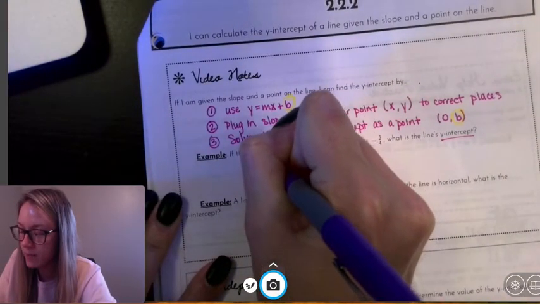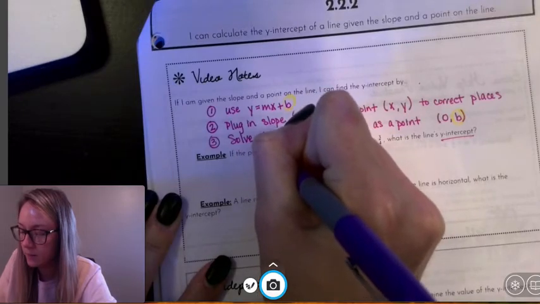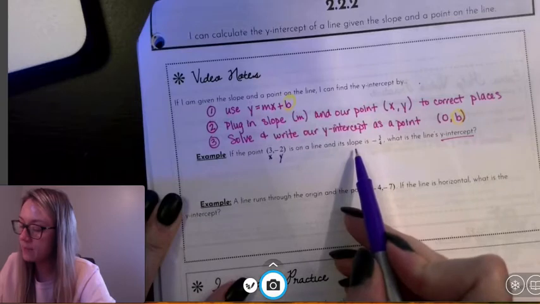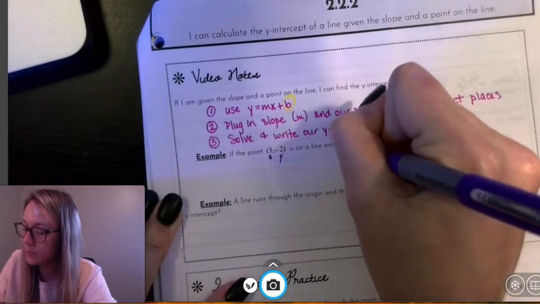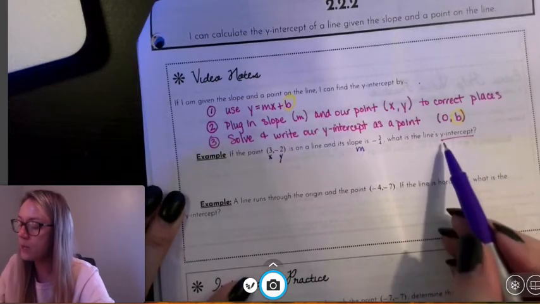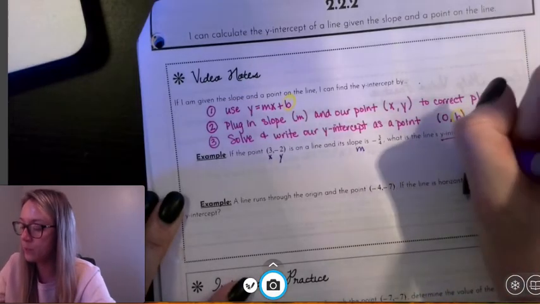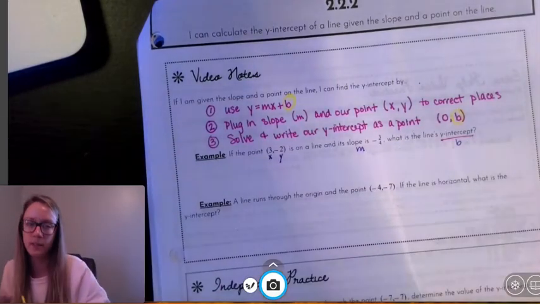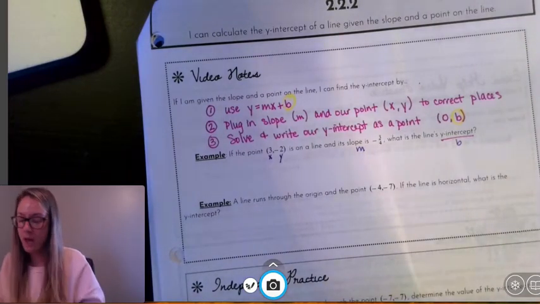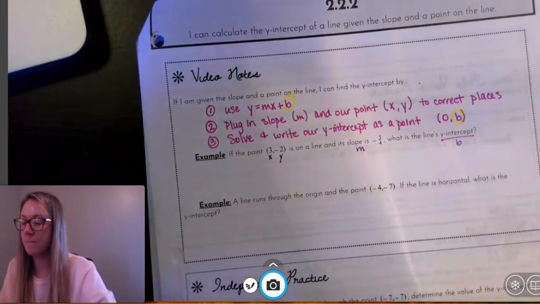So we have x and y. A point is always xy. And then we have slope, and slope is always our m. And so our slope is that fraction there. And we are trying to find the y-intercept, which is b. So I label everything.